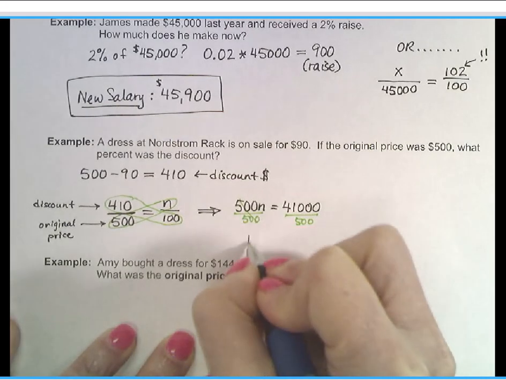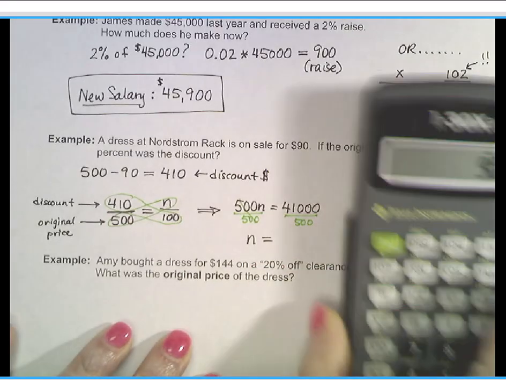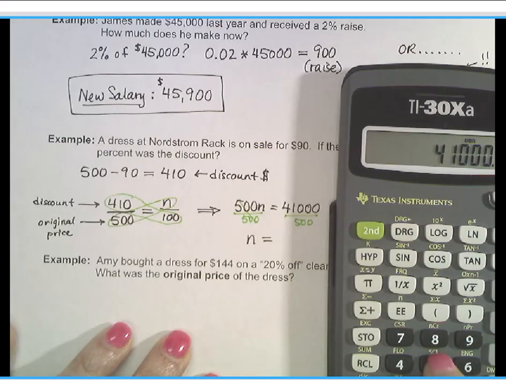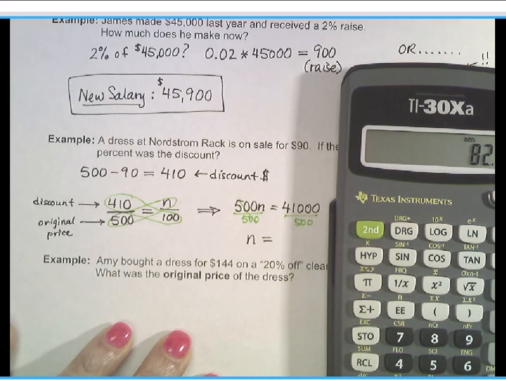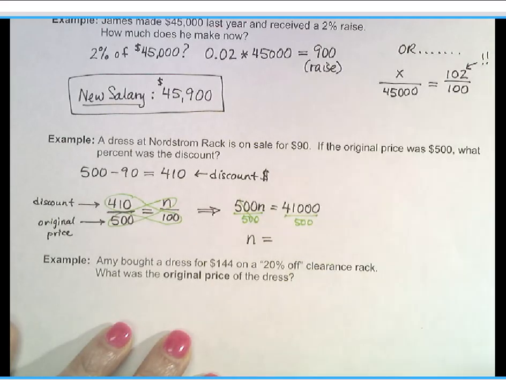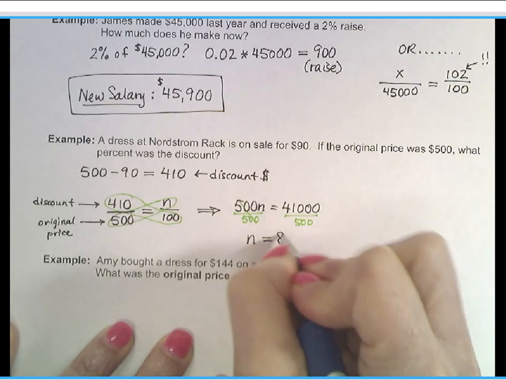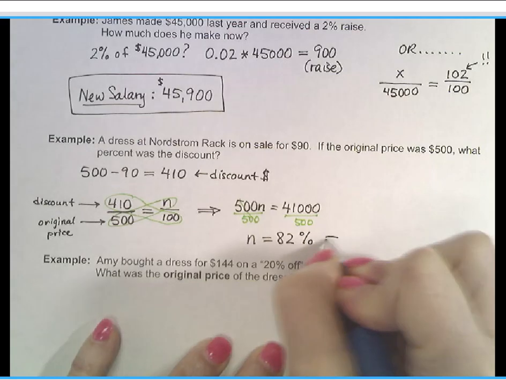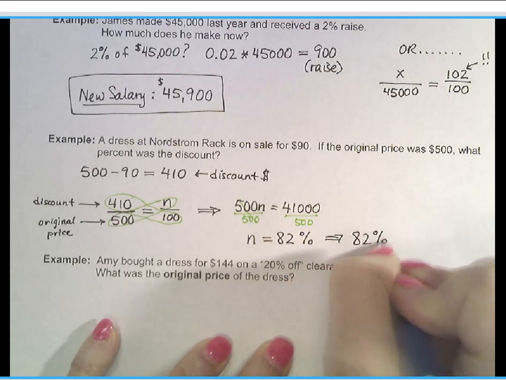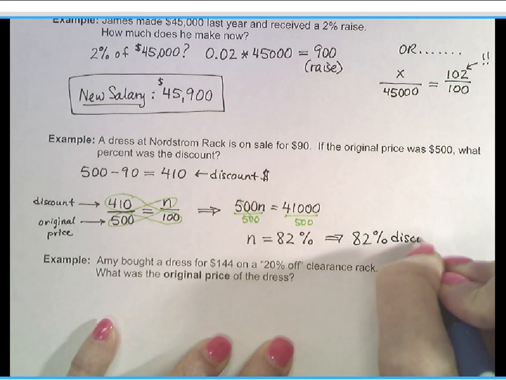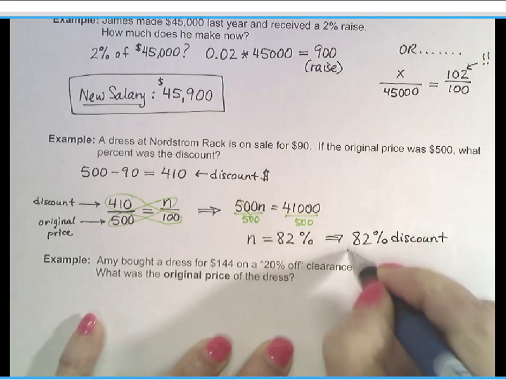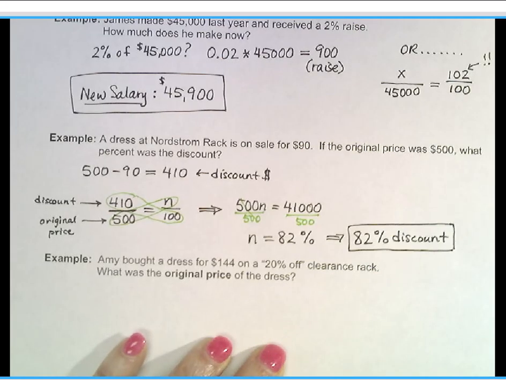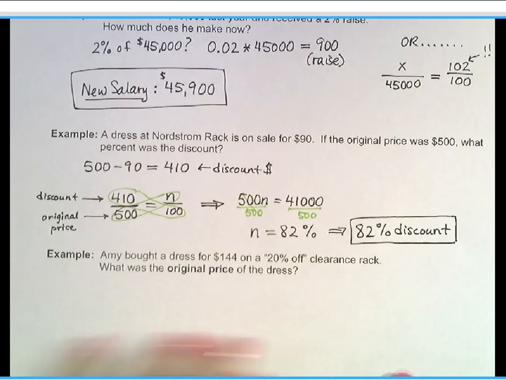We're going to get N equals, let's see, 41,000 divided by 500, 82. So it was an 82% discount. You paying $90 meant that this dress was on sale 82% off, right?